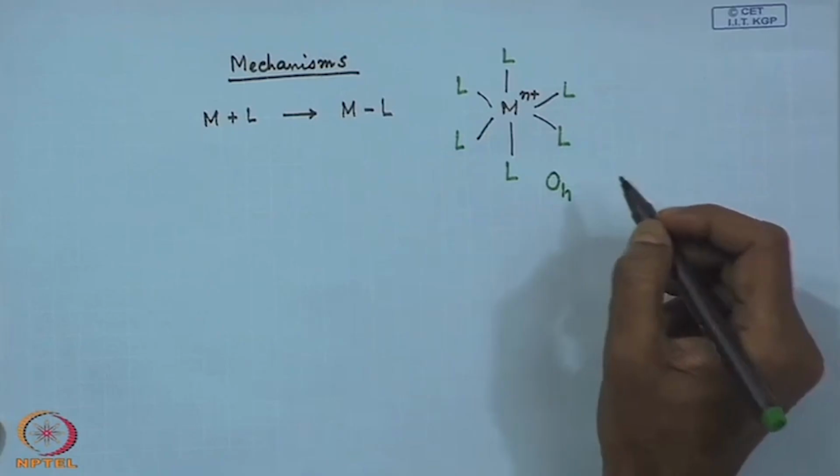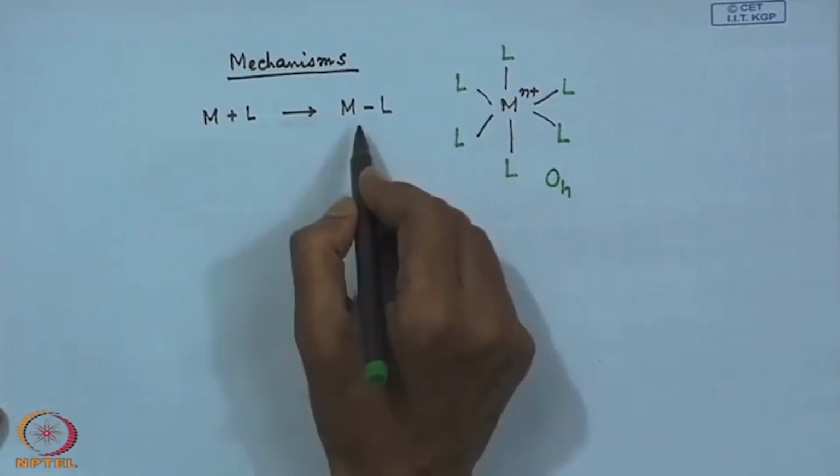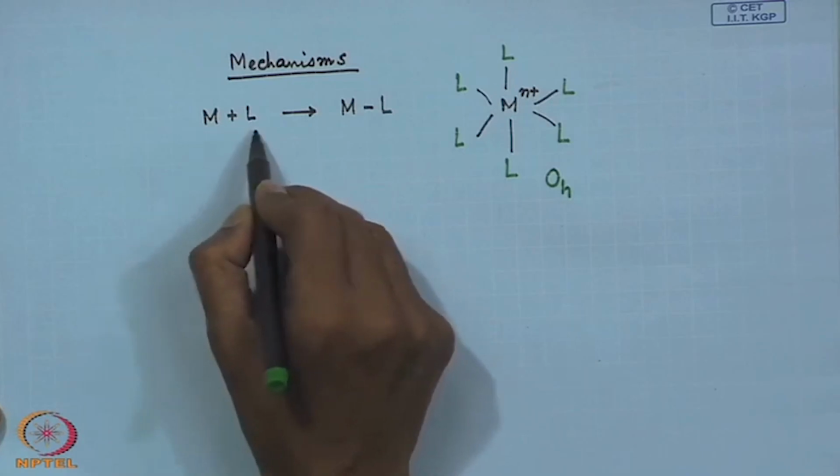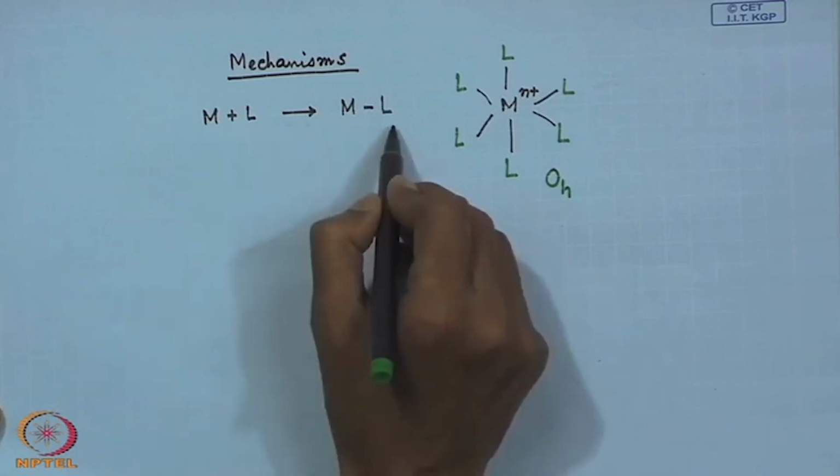In the first step, if one M reacts with one L, we get the ML species forming.